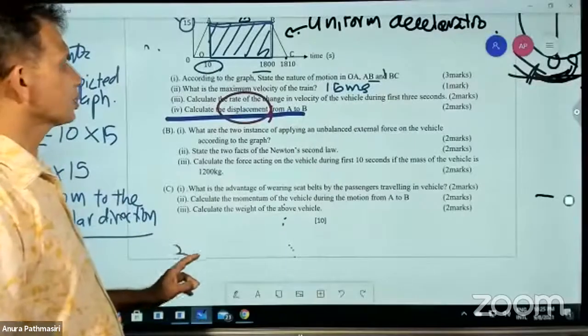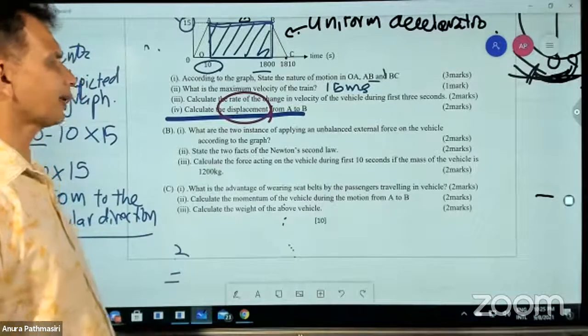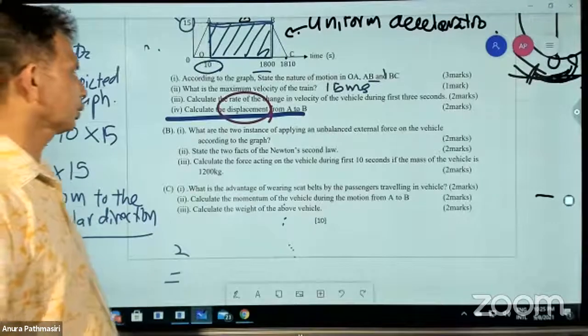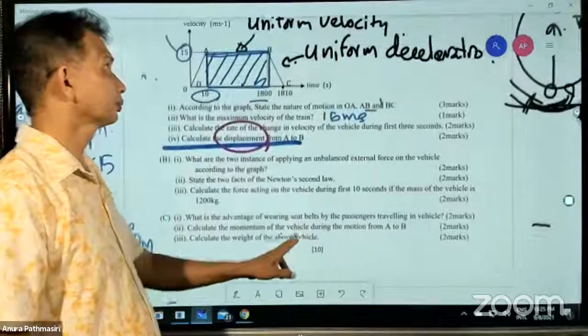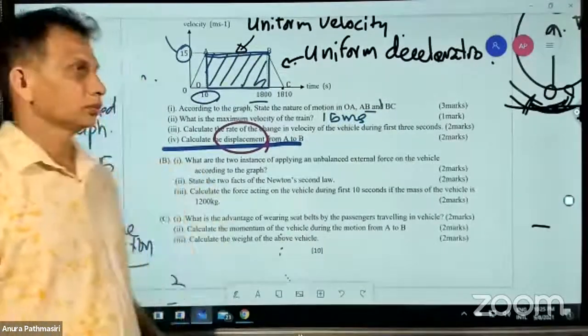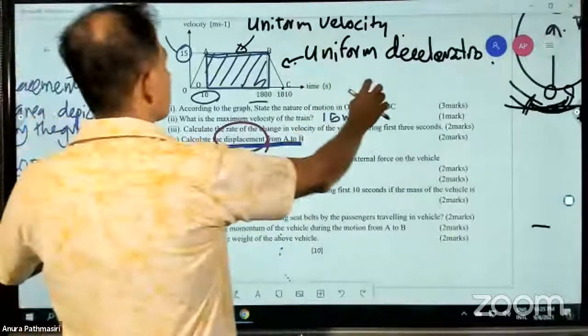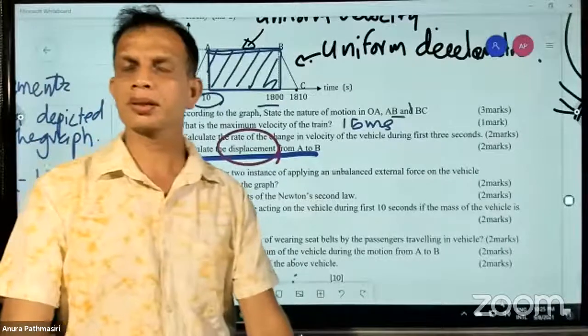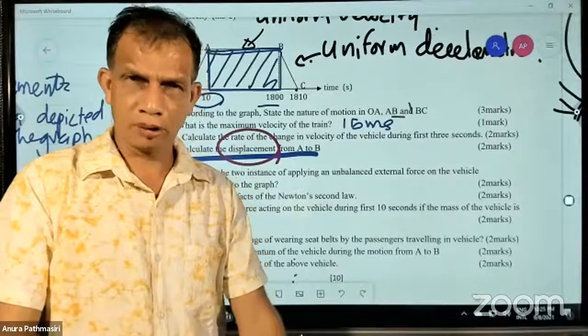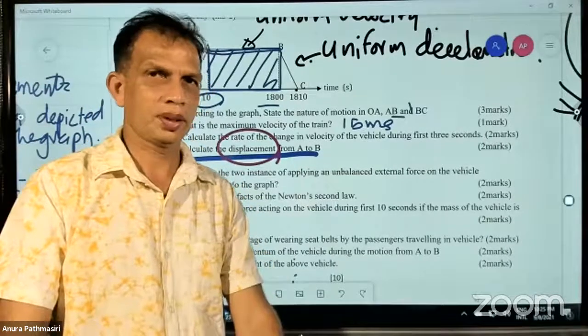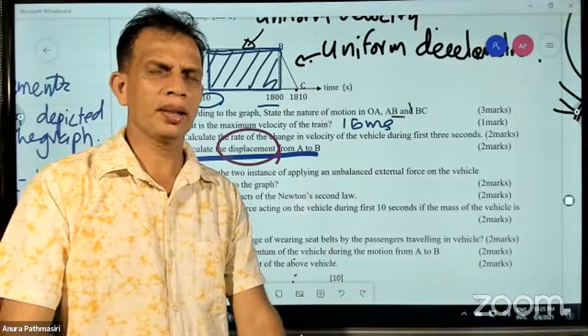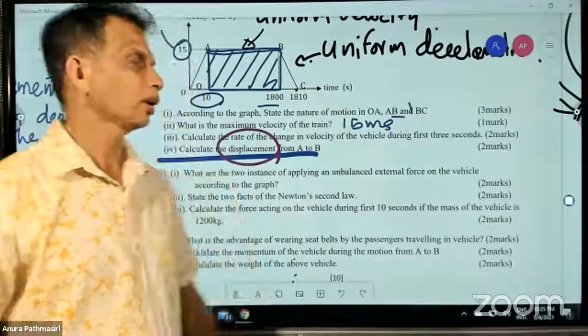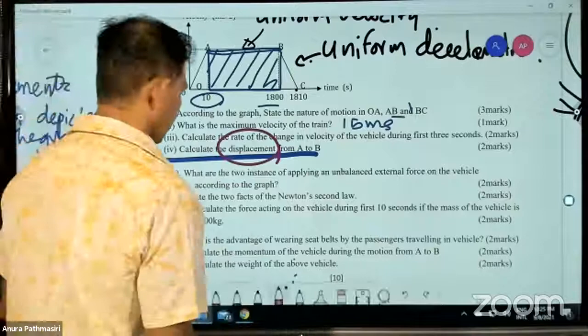What are the two instances of applying an unbalanced external force on the vehicle according to the graph? What are the two occasions an unbalanced force is applied? As we discussed last Saturday, it is Newton's second law of motion, and it says F equals ma.